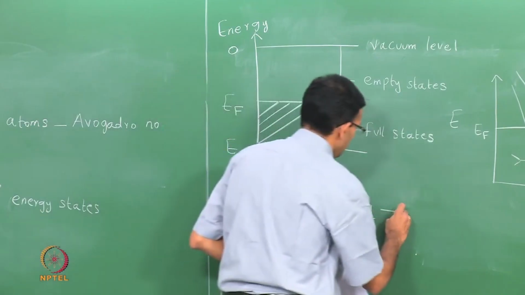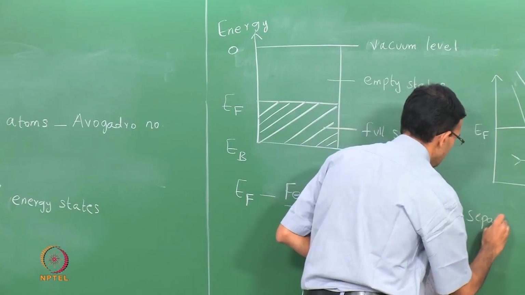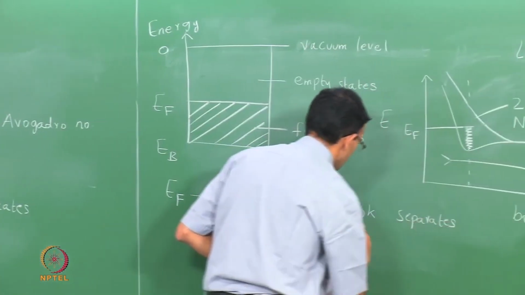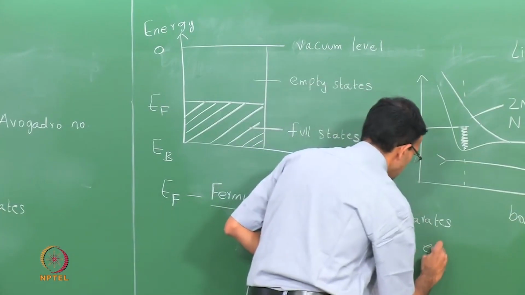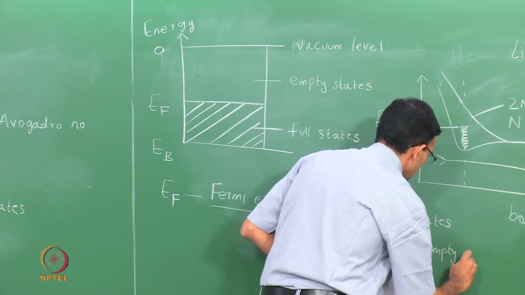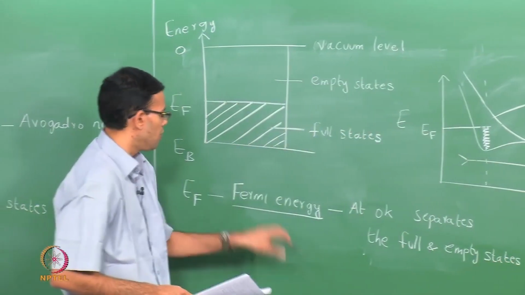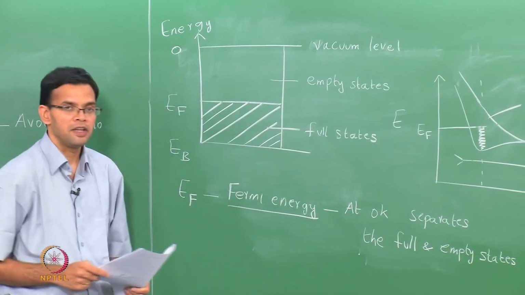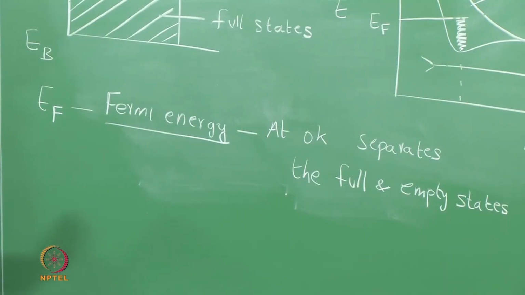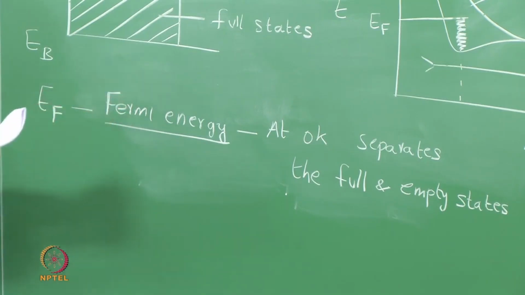The Fermi energy at 0 Kelvin separates the full and empty states. This is the most often used working definition for Fermi energy. When we come to semiconductors, we will try to modify this definition a little, but as far as you are dealing with metals, we will use this.